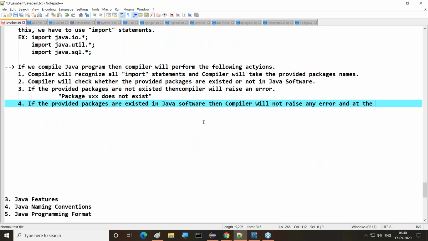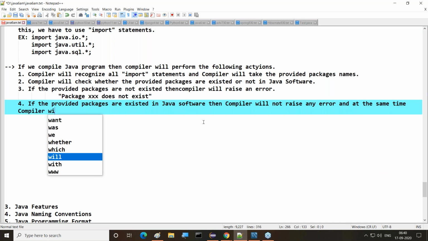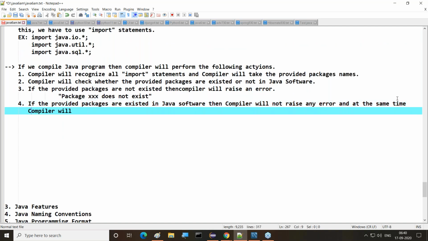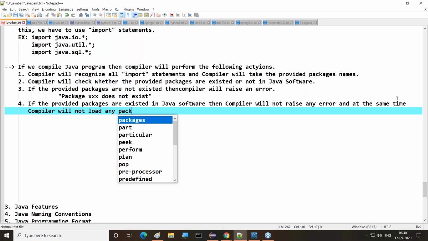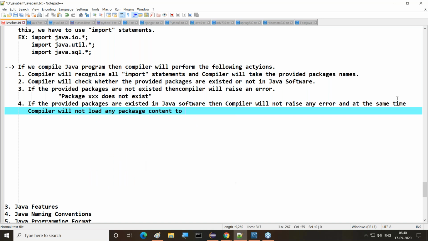At the same time, the compiler will not load any package content to the memory. Remember this.